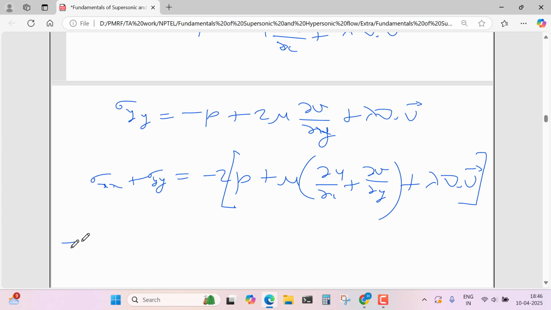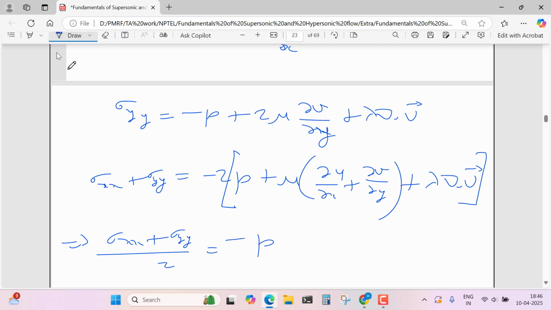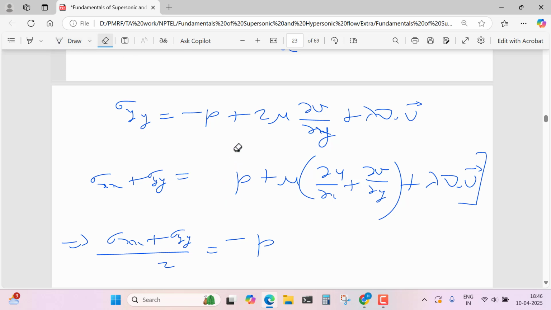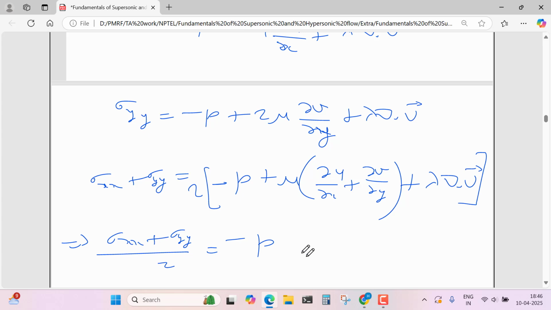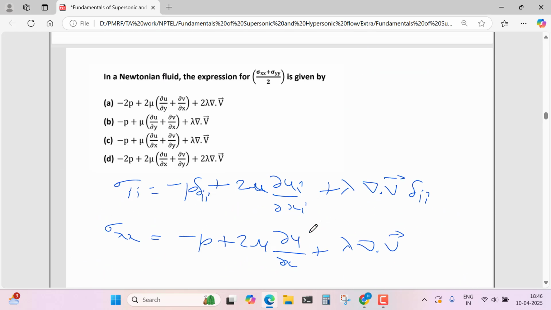If we divide it by 2, then we get sigma xx plus sigma yy upon 2 equal to minus p plus mu times dou u by dou x plus dou v by dou y plus lambda del dot v. If we see, option C is the correct one.